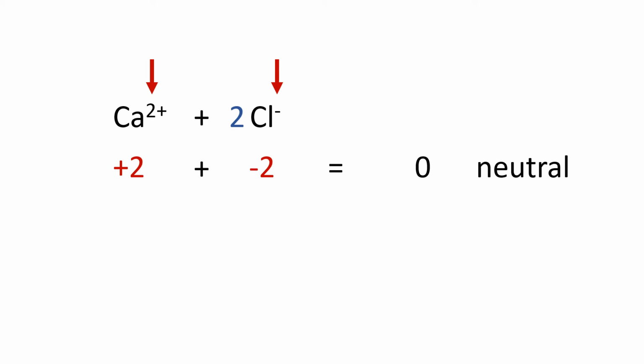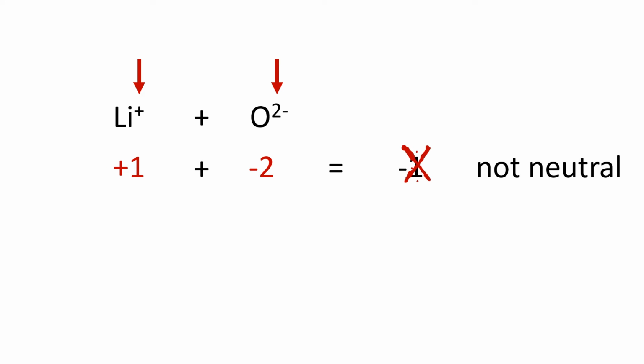And we would have that neutrally charged equation, one that when we add everything together, it comes to 0. And with our charges balanced, we can write a formula for our ionic compound with 1 calcium ion and 2 chlorides. And we let our reader know that we have 2 chlorides by writing that 2 in the subscript after the chloride. Numbers in the subscript tell us about the formula or the recipe of our compound.